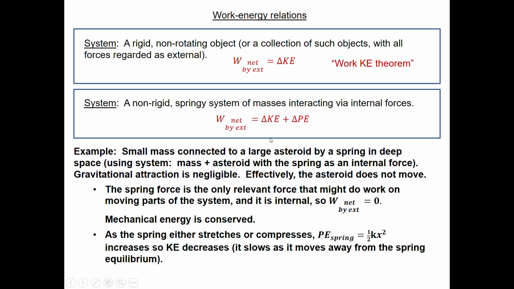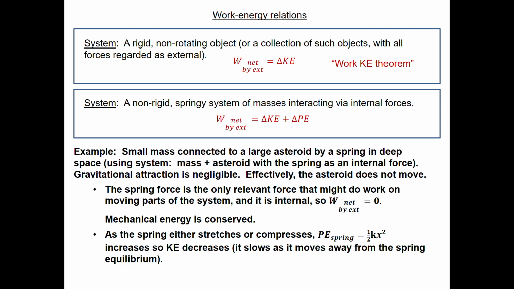As the spring either stretches or compresses, the potential energy goes up and the kinetic energy goes down. So you might imagine that I have the spring in its equilibrium, relaxed position, with the rock attached to it, and I take a bat and give it a whack towards the asteroid, and the spring starts compressing.